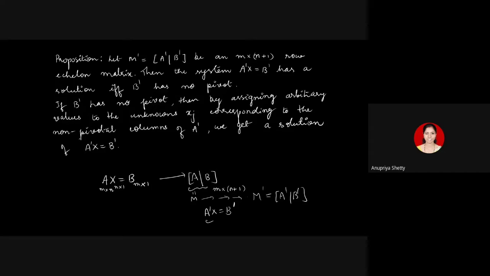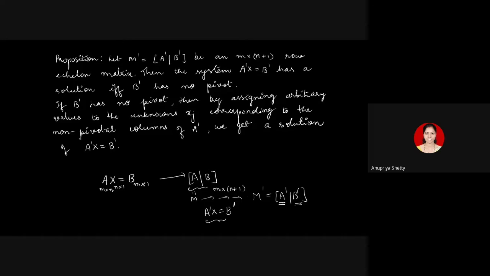And solving this system is comparatively easy. Why? Because M dash is in the row reduced or row echelon form. Most of the entries you would have eliminated when you come here. Most of them are zeros. So solving A dash x equal to B dash, where A dash is this block and B dash is the second block, is much easier compared to solving Ax equal to B.